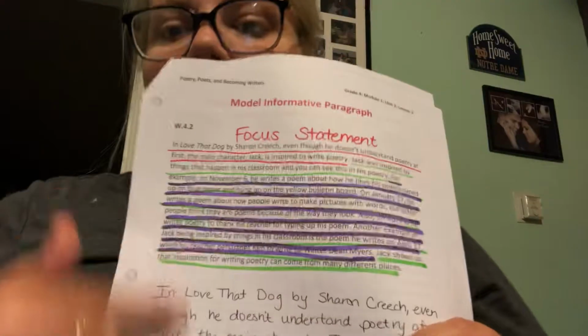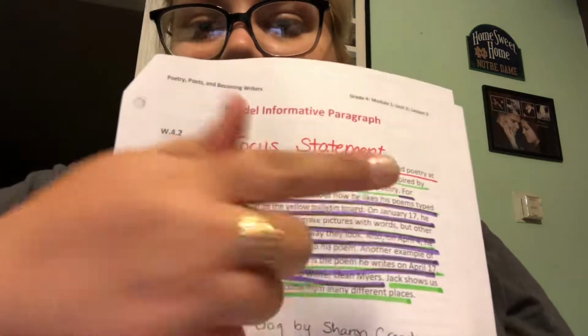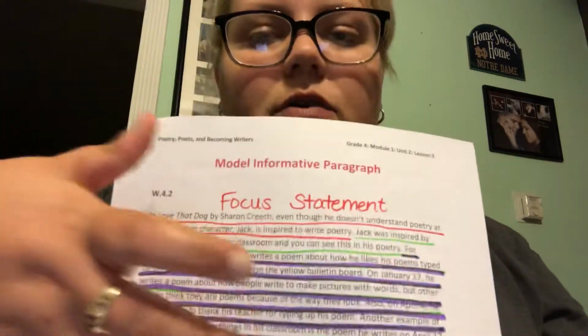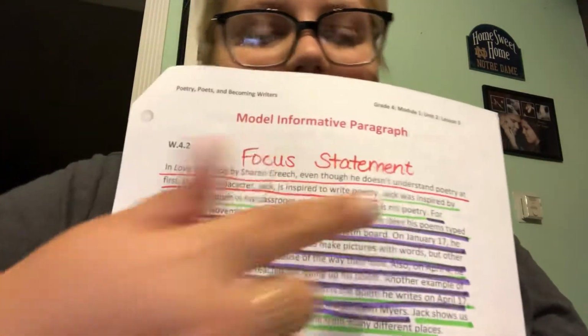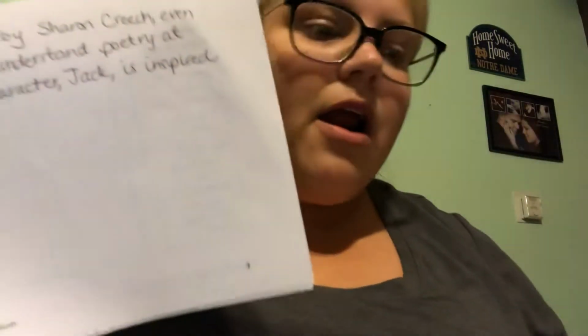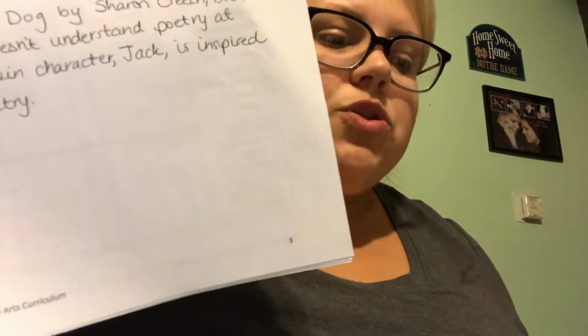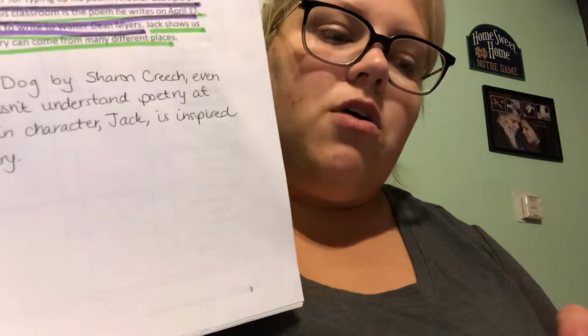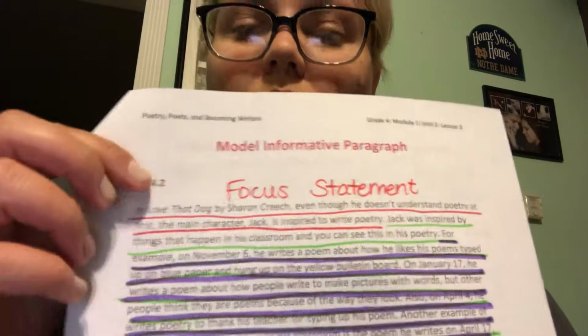So today, going back to this focus statement, I rewrote that focus statement of Sharon Creech's here, or whomever wrote this paragraph. Sharon Creech didn't write that, I'm sorry. But whoever wrote this paragraph, that focus statement, I rewrote it down here. I want you to write your own focus statement for tomorrow. So think about what you're going to write about.